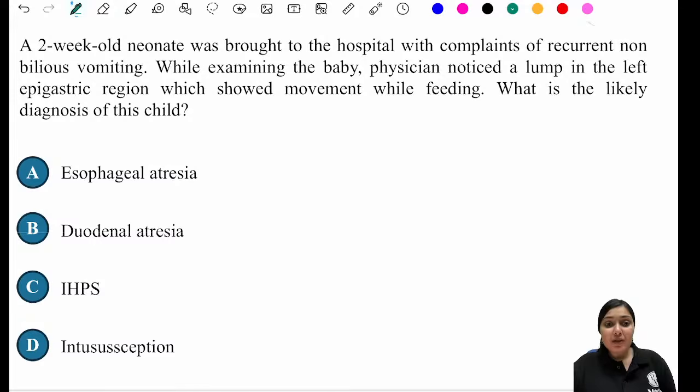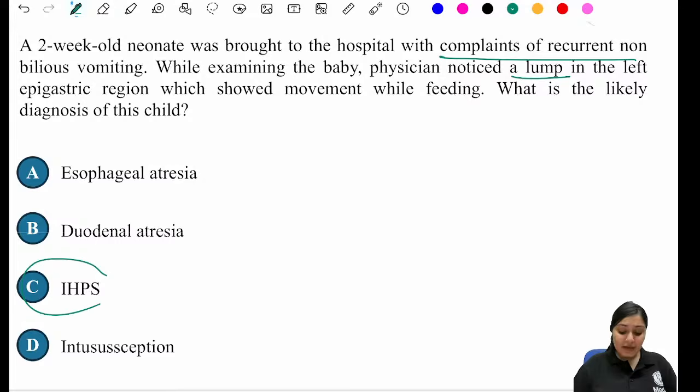Esophageal atresia, duodenal atresia, IHPS, or intussusception? So, typical question. We have recurrent non-bilious vomiting, a lump in the left epigastric region, and this lump is moving while feeding. What is the diagnosis over here? This is IHPS, that is idiopathic hypertrophic pyloric stenosis.